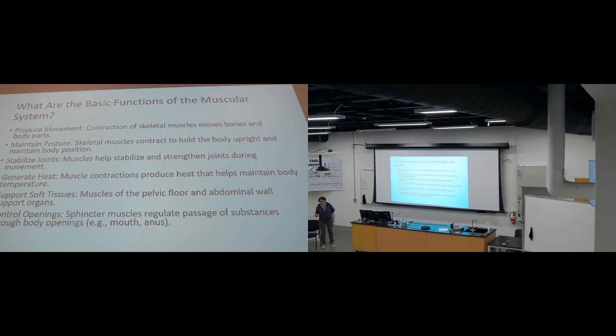Some of them, with their tendons, help to bring these bones together so that they don't move as much. So that provides stability. And muscles, when they contract, generate heat.